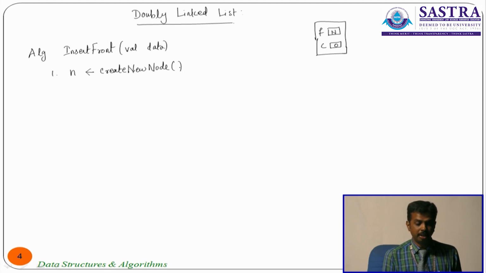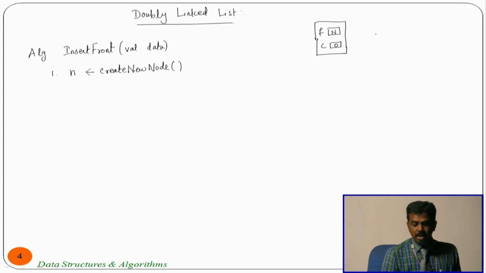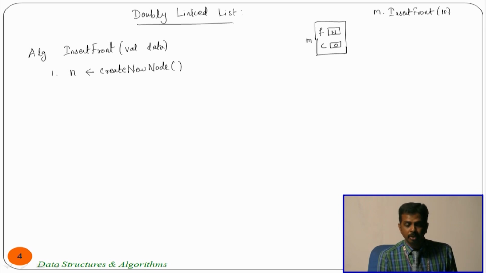It means that if I want to insert, for example, insert front of 10, like that if you have called, it will create a node like this. The new node named n, the address, say it is 110. So, the value will be assigned.